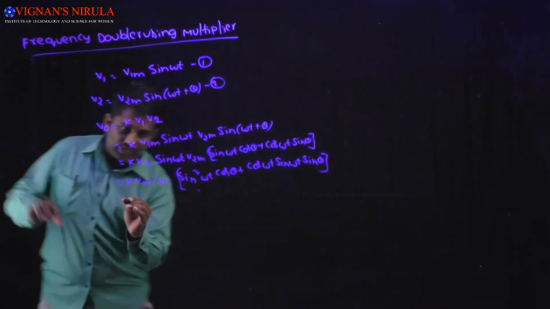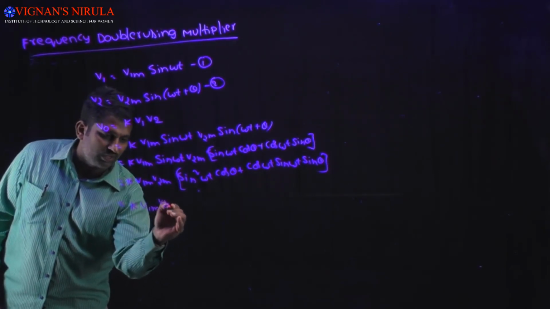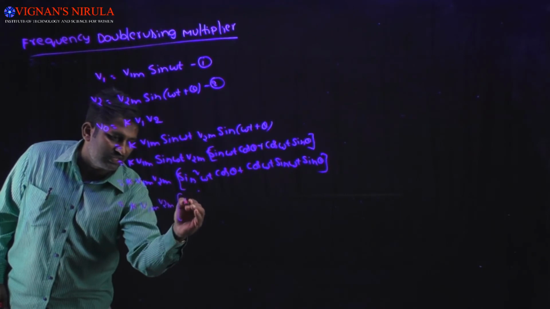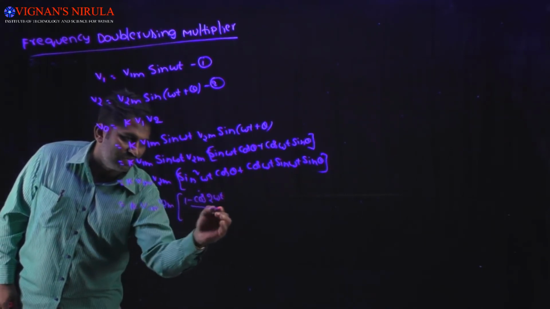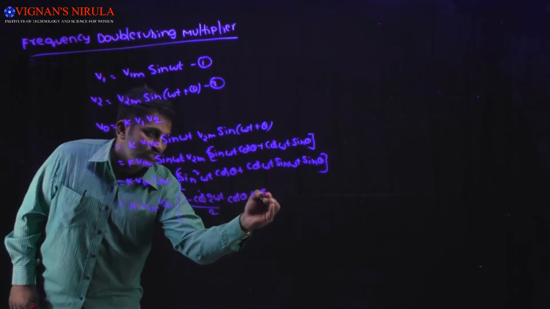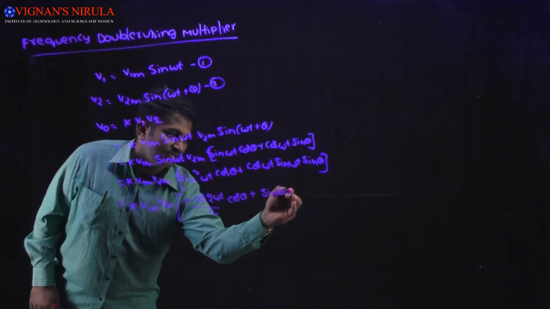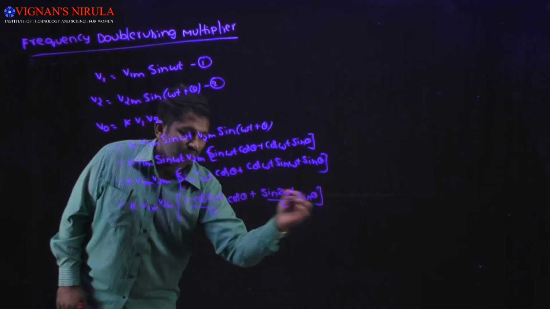So we will rewrite it as K into V1m into V2m, and sine square theta is equal to 1 minus cos 2 theta divided by 2 into cos theta plus sine 2 omega t divided by 2 into sine theta.